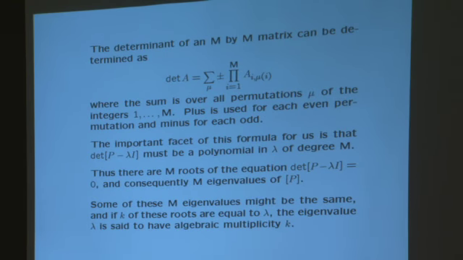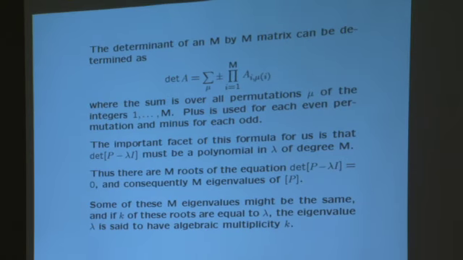How many roots does it have? Well, the fundamental theorem of algebra says that a polynomial of degree j with complex coefficients, and real is a special case of complex, has exactly j roots. So there are exactly m roots, excuse me, I've been calling it j sometimes and m sometimes. This equation has exactly m roots, and that's the number of eigenvalues there are.